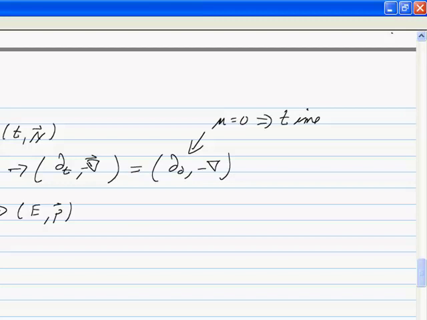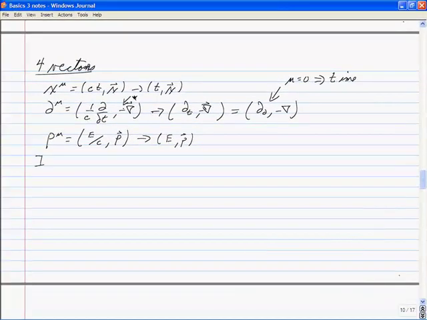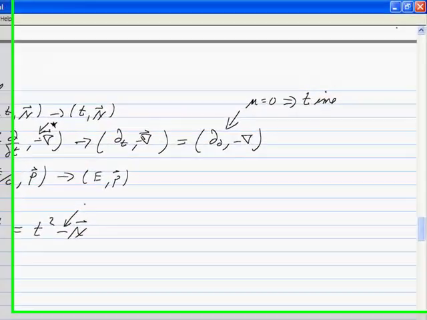When we form invariants, we use one lower, one upper index. Okay, so this is the convention. The implication of that is that there's a minus sign in the spatial part.